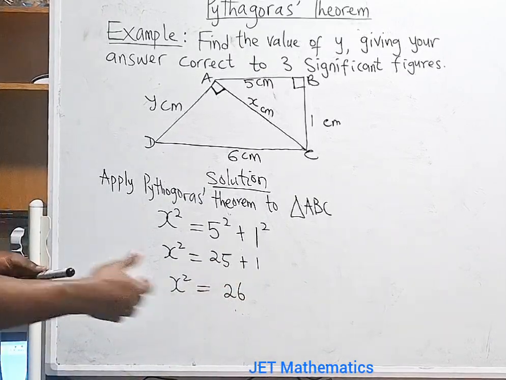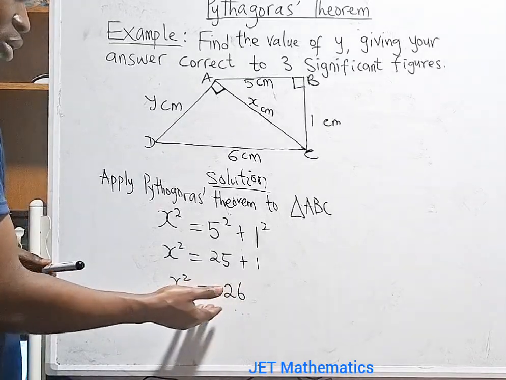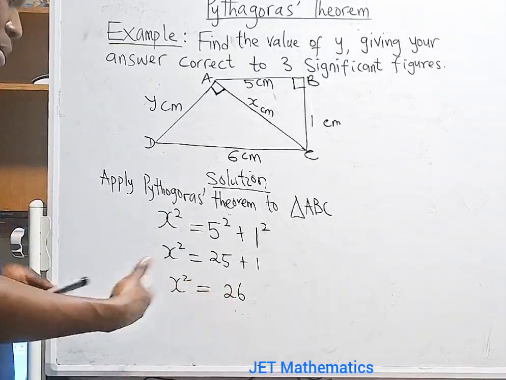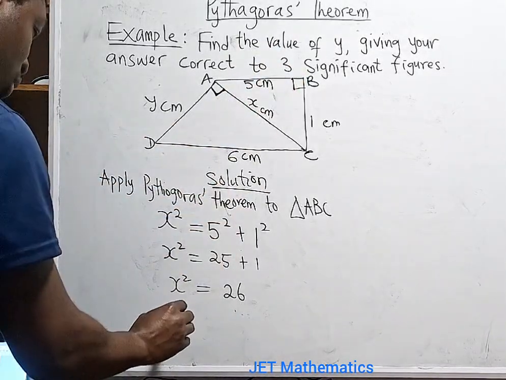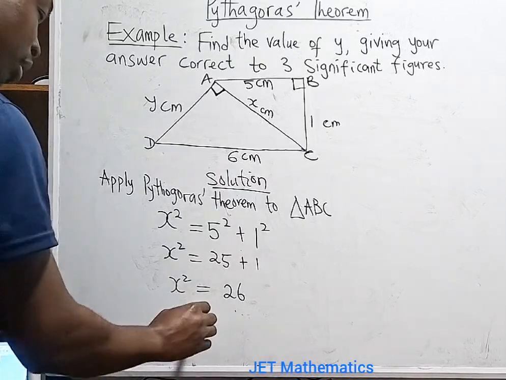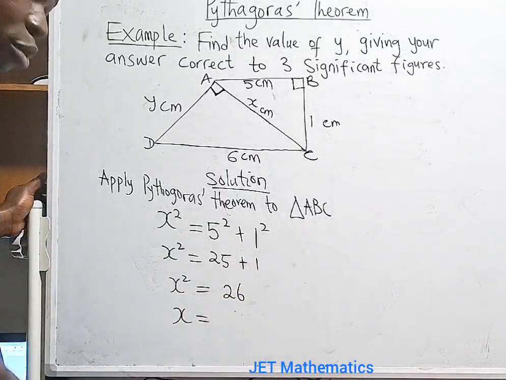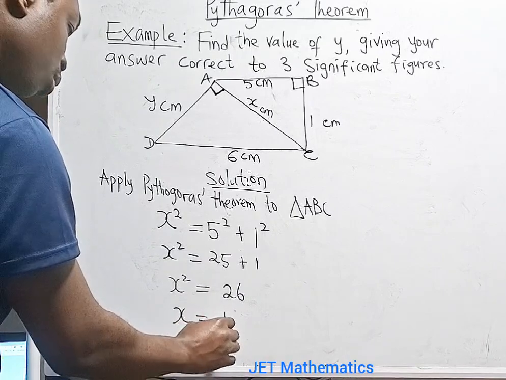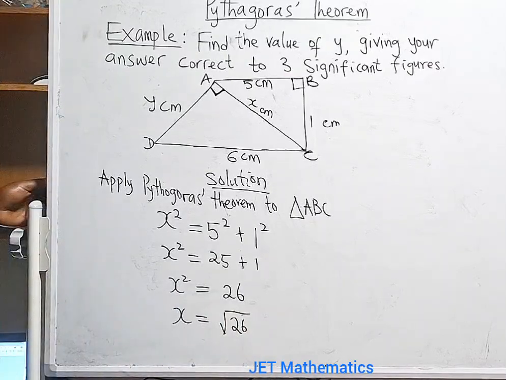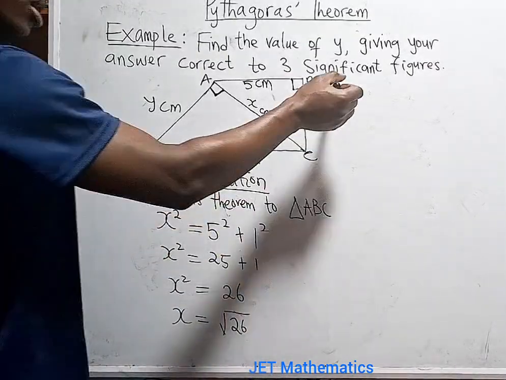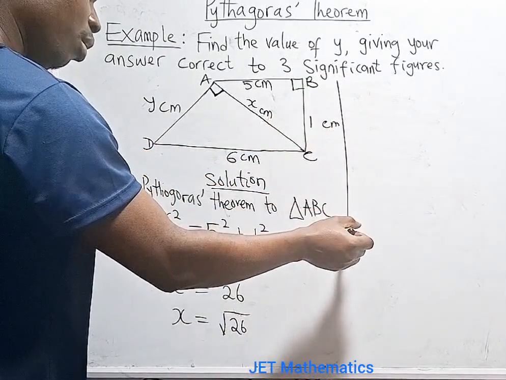So I can leave my solution like this as x squared, but if you want to get the value for x, you can say x is equal to, we take the square root of both sides, and that gives us root 26.